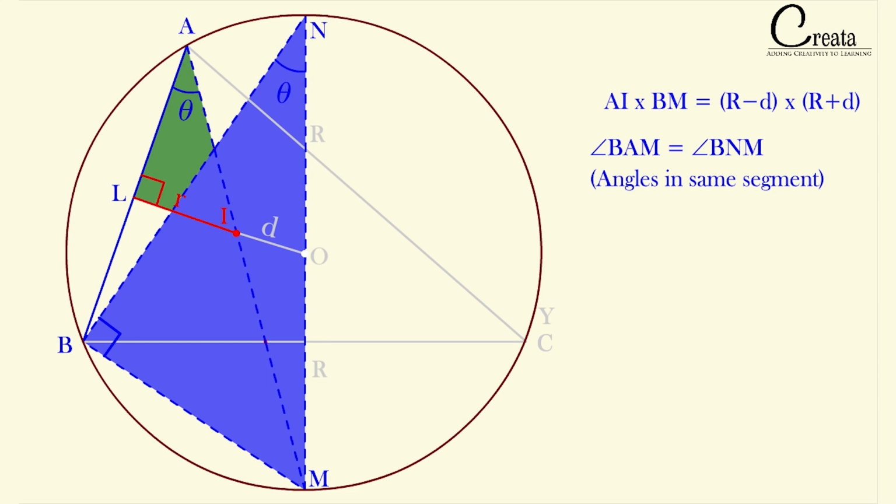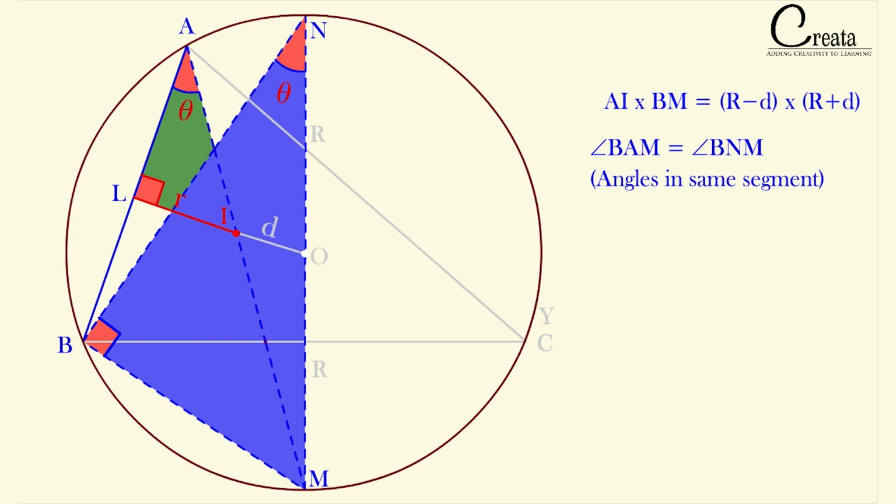Let's see. Here both of these angles of both the triangles are equal to angle theta. Further, the angle MBN, that is this angle, is 90 degrees. The angle subtended by the diameter at the point B is 90 degrees. And also the angle ALI is equal to 90 degrees. Why? Because I is the incenter and this is the inradius.